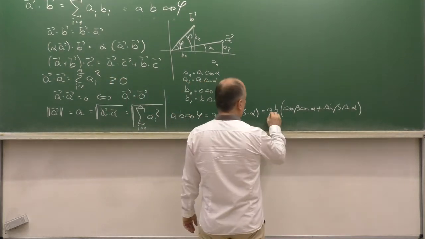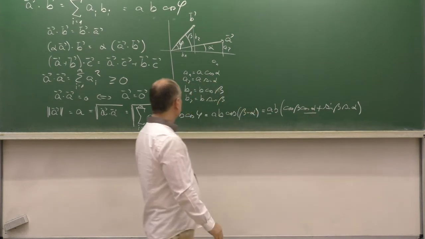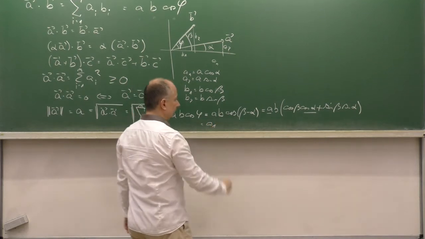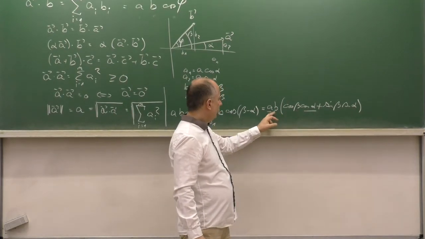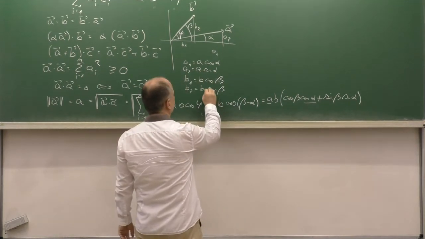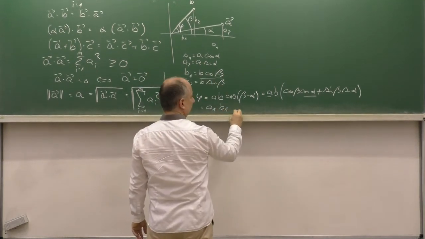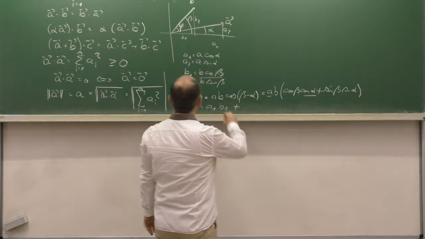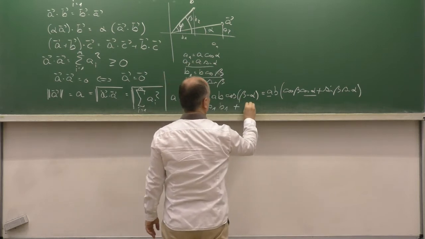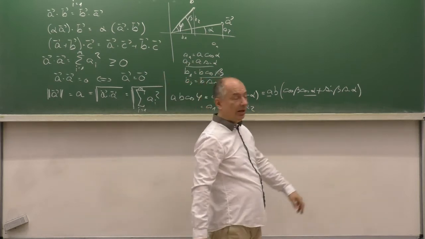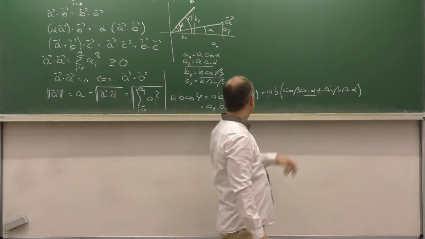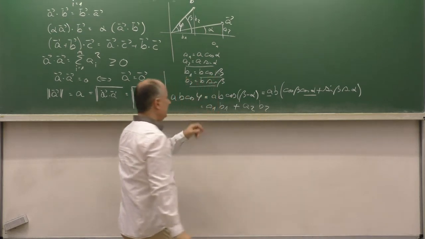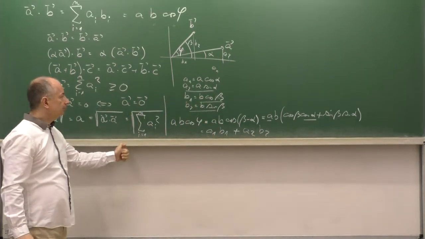And then you see A times cosine of alpha is A1, and this is multiplied by B cosine of beta, which is B1, plus A sine of alpha, which is A2, times B sine of beta, which is B2. And this is exactly the definition of the scalar product.